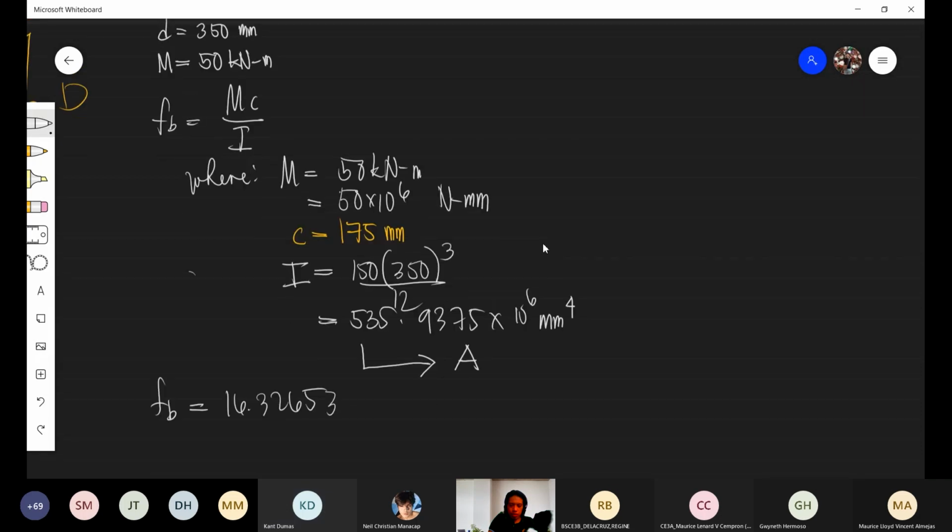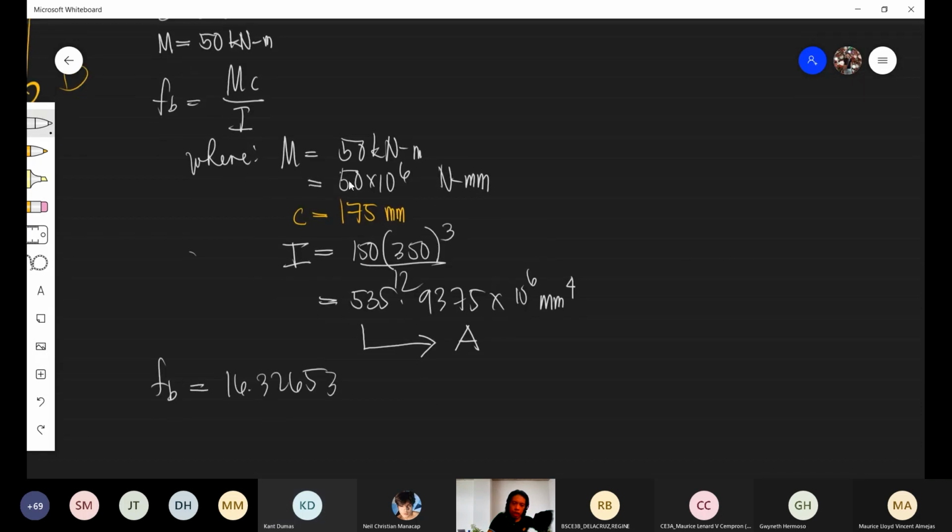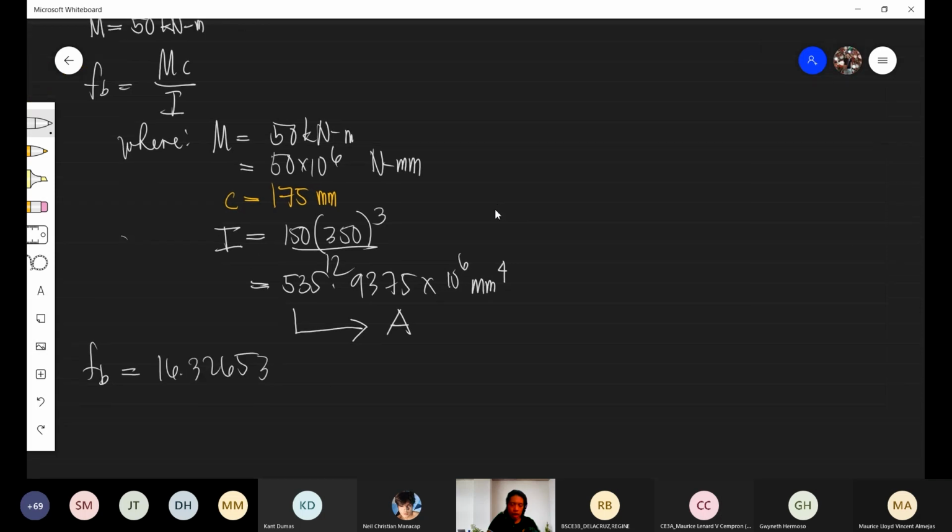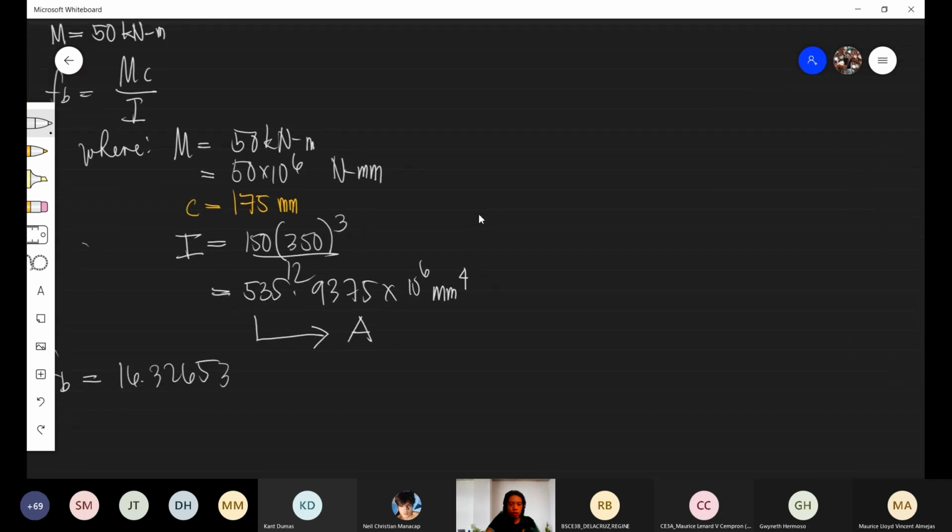Yes, that's correct. The unit we used for moment is Newton mm, for C it is mm, and for I it is mm raised to 4. So the units we used are only Newton and mm. Newton is the force, mm is the distance. Newton force with mm distance, the resulting unit is always in megapascal.